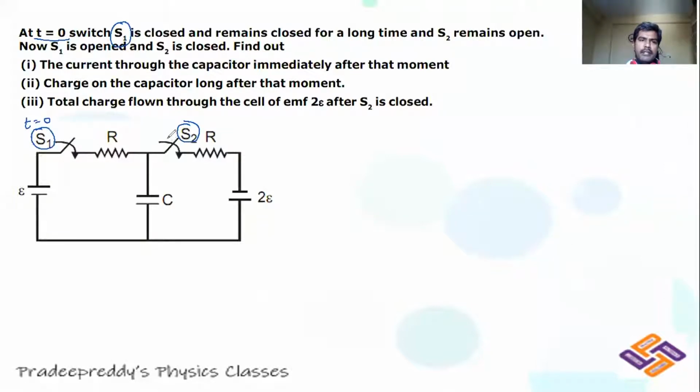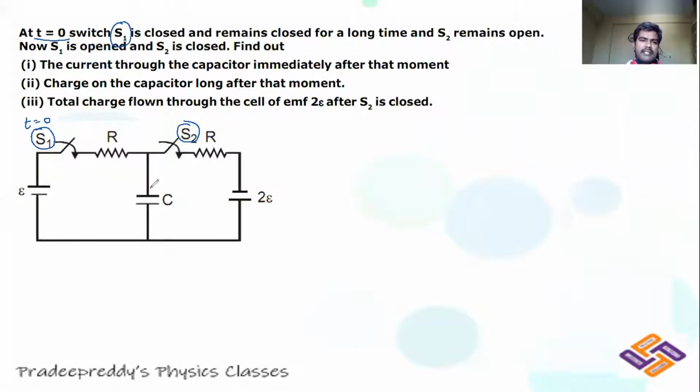When S2 remains open, there is no connection between the capacitor and the 2E battery. When S1 is closed, there is only a connection between the E battery and this capacitor C. Now S1 is opened and S2 is closed.